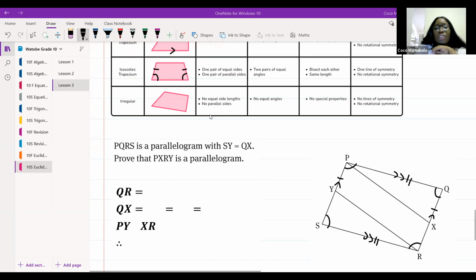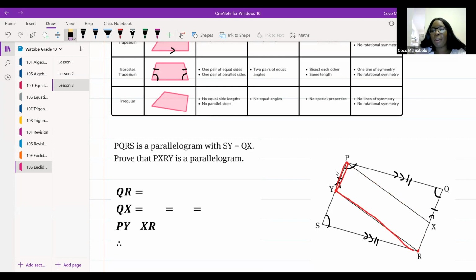But what I want us to note here, guys, is that they're saying to us that we want to prove that PXRY is a parallelogram. PX and RY, those two are equal to each other.